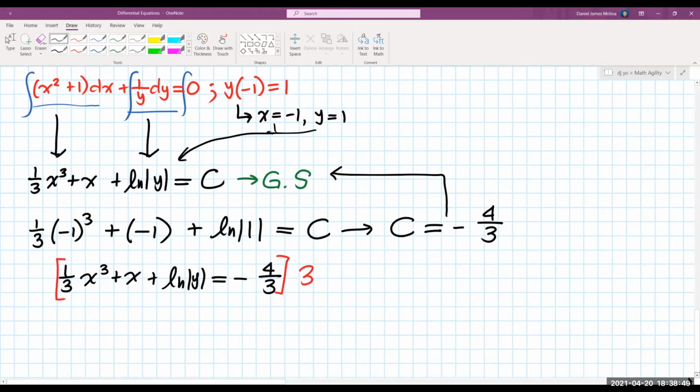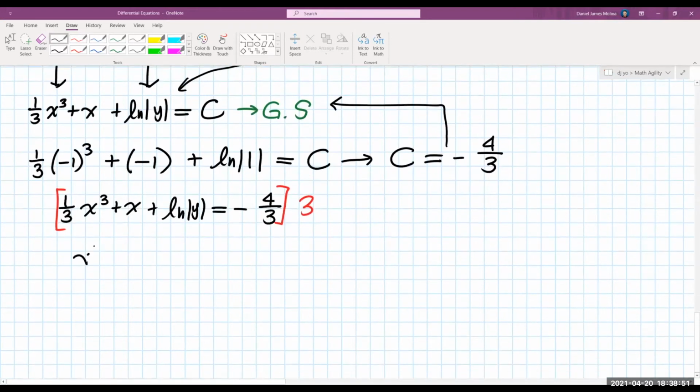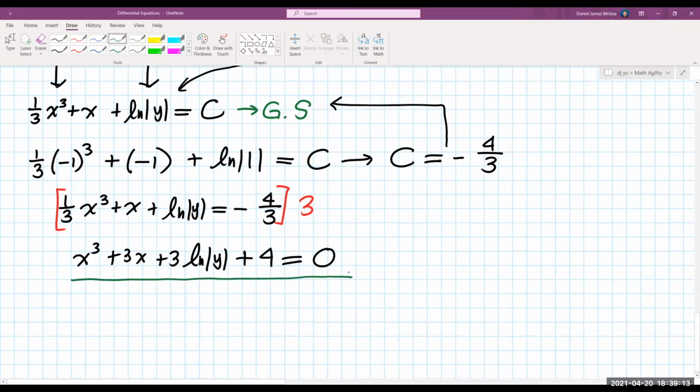So we have here x cubed plus 3x plus 3 natural logarithm of the absolute value of y. And then we transpose -4 on the right side to the left side so that we have +4 on the left side, that is equal to 0. And actually, we can have this as our final answer already.